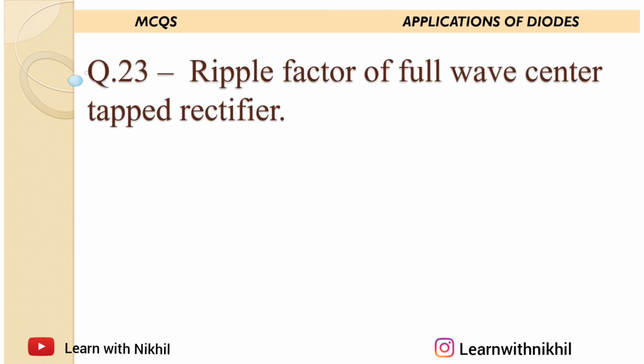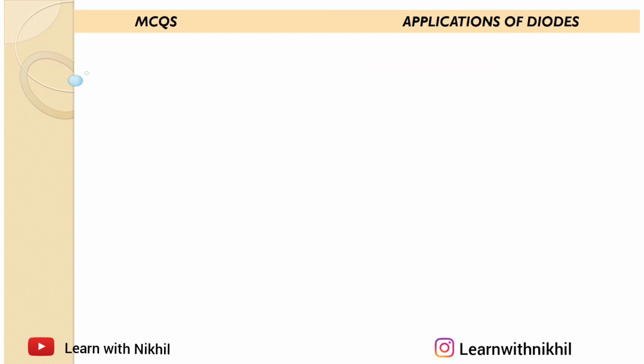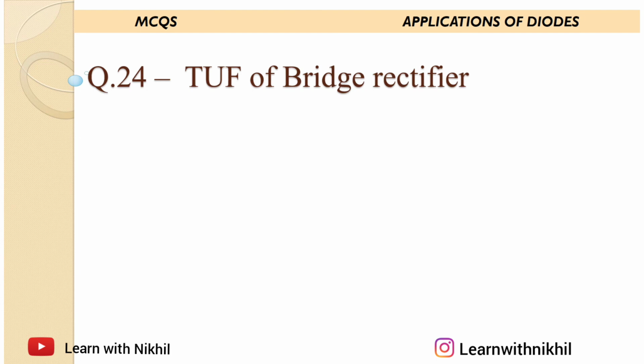Next question. Ripple factor of a full wave center tap rectifier is A. 1.21, B. 0.48, C. 0.35 or D. 0.82. And the right answer is it is 0.48. Next question.